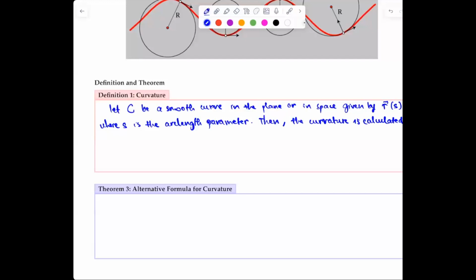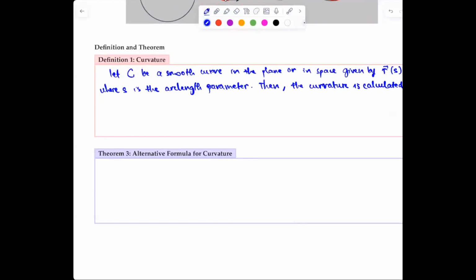So it's a fancy K. Instead of this K, I'm going to use the fancy K to indicate kappa. It's the Greek letter. So, kappa.